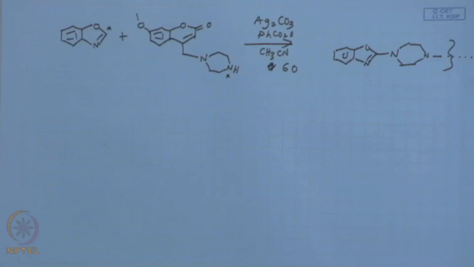So you can do direct amination without affecting the methoxy group, without affecting the other nitrogen, without affecting this lactone ring.